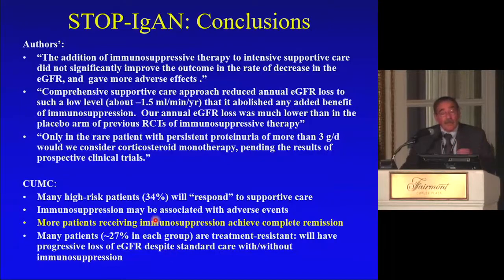So we're left still saying that there is a group of patients who will benefit from steroid therapy. I still think if you have over a certain amount of proteinuria, whether it's 500 milligrams, 750, or a gram, you would benefit from getting steroid therapy for 6 months. It's pretty benign if you use it on an alternate day regimen.